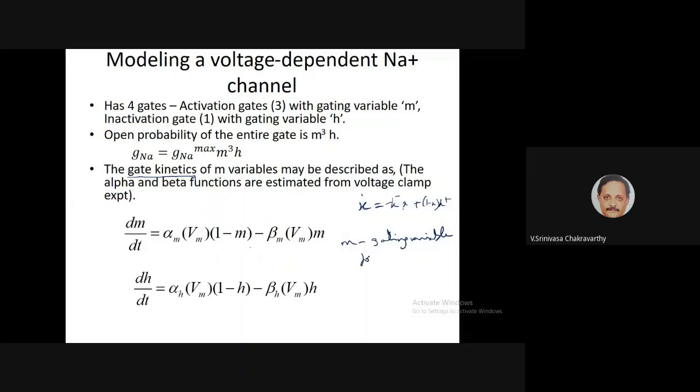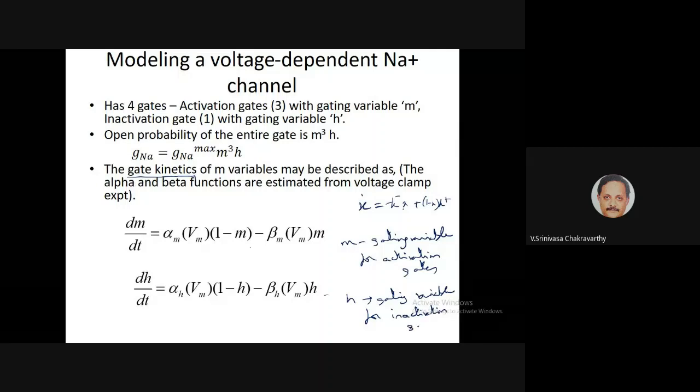So this is the gating variable for activation gates, and H is the gating variable for the inactivation gate. There's only one gate.